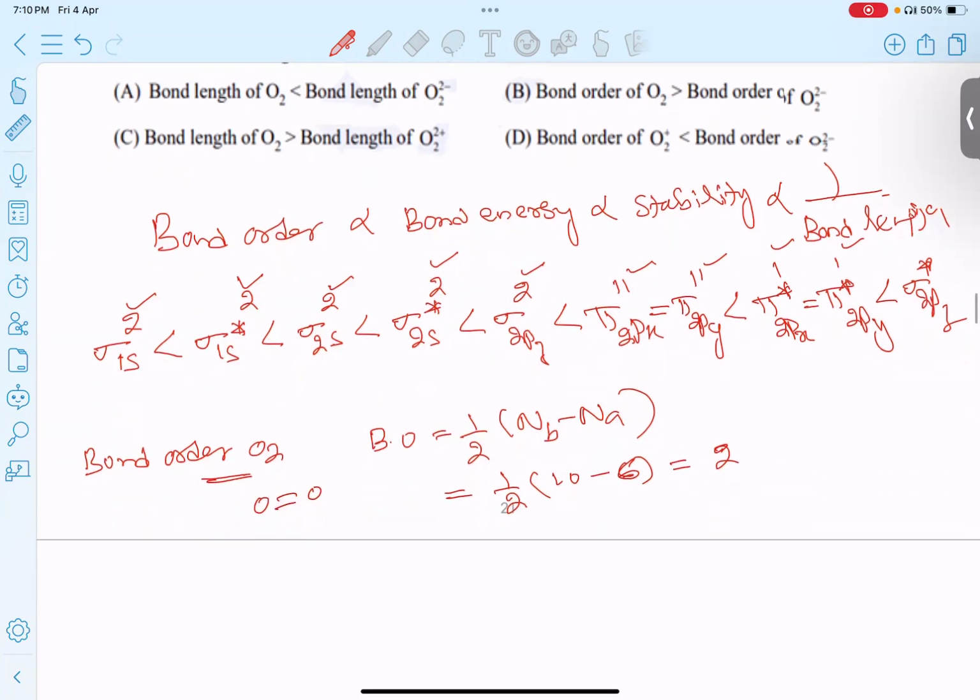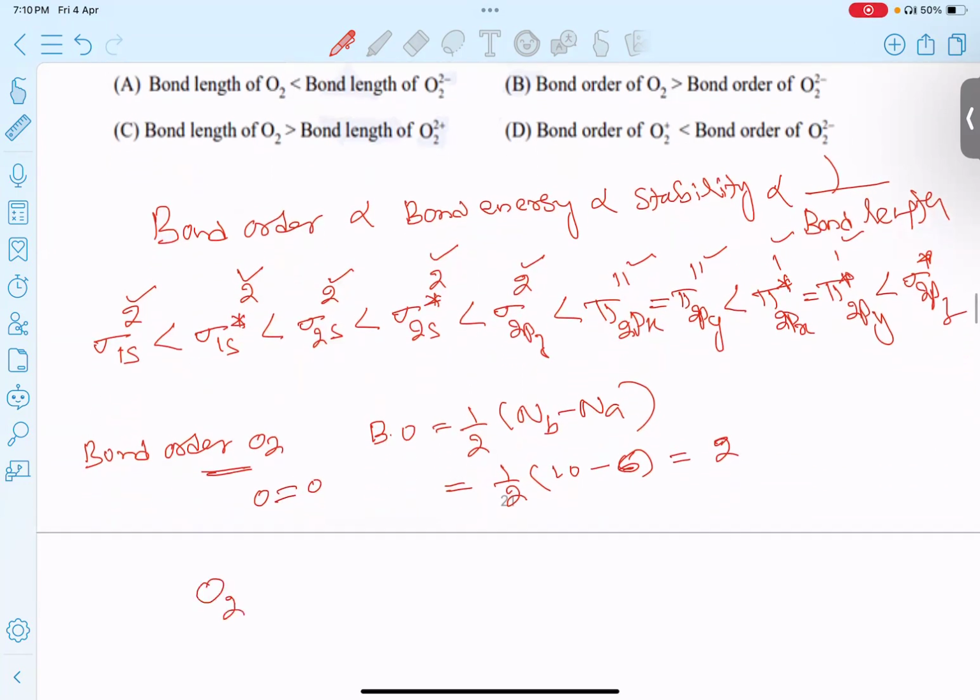Then the bond order of O2 2 minus. O2 has 16 electrons, while the O2 2 minus ion has 18 electrons.